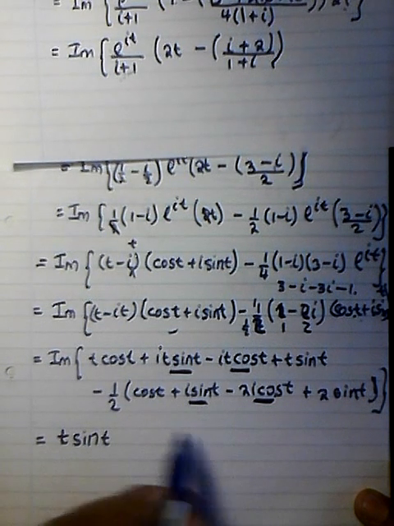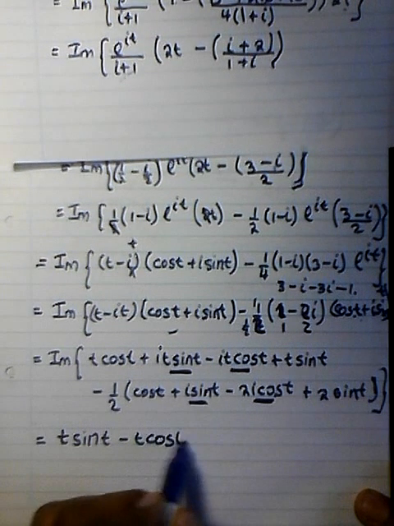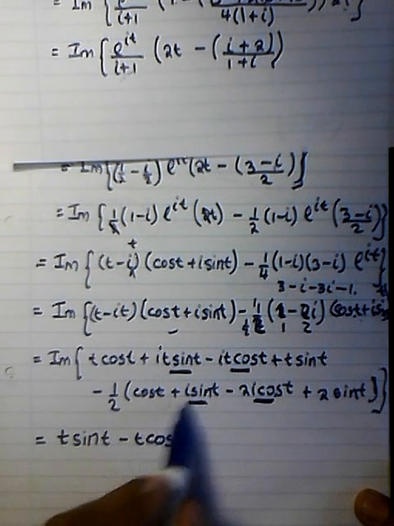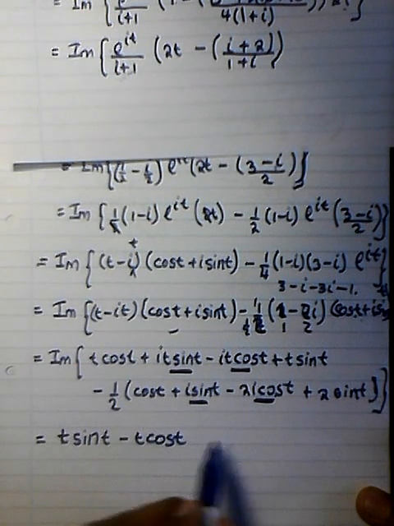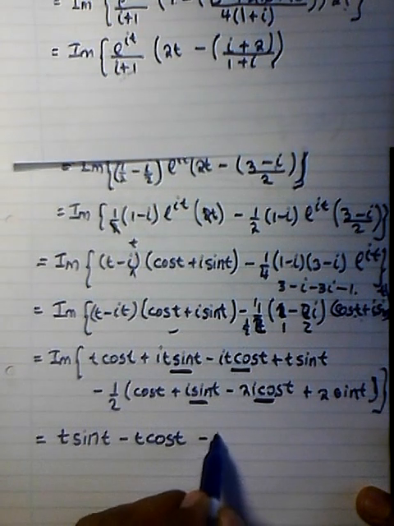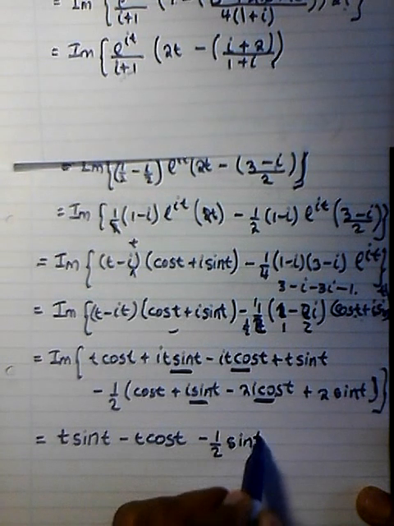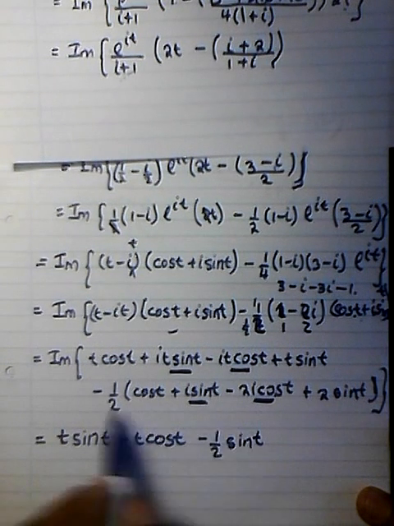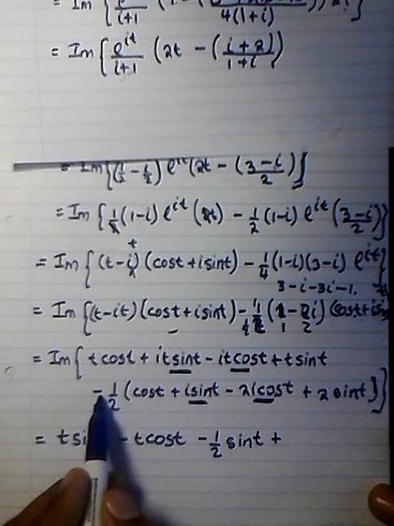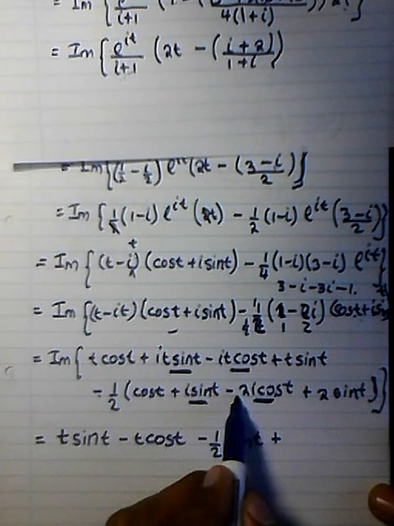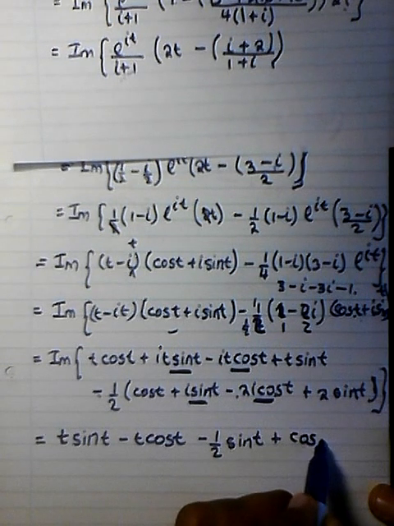sine t, and then minus t cos t. And then coming here, note that we are multiplying what's in the bracket by half, so we're going to have minus 1 over 2 sine t, and then plus, it's plus because we have minus here multiplied by this minus, so it's going to be plus cos of t.